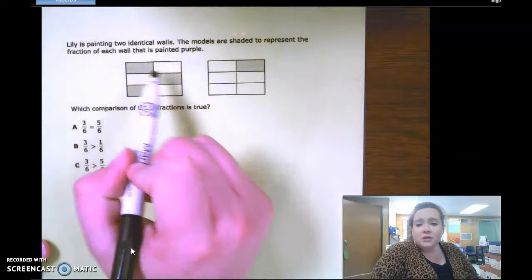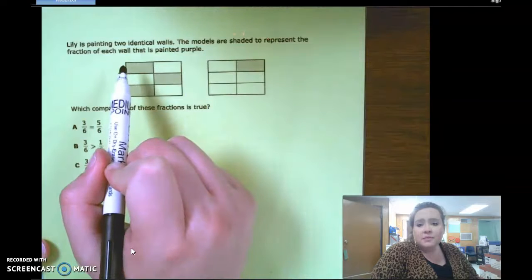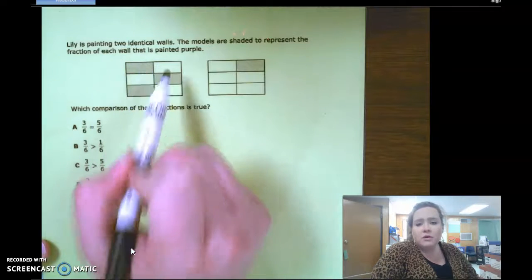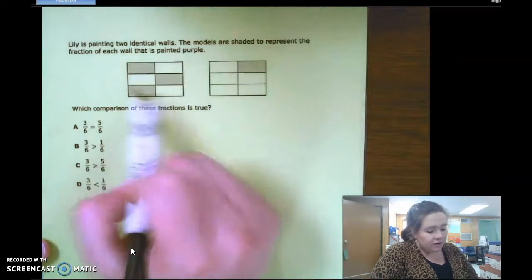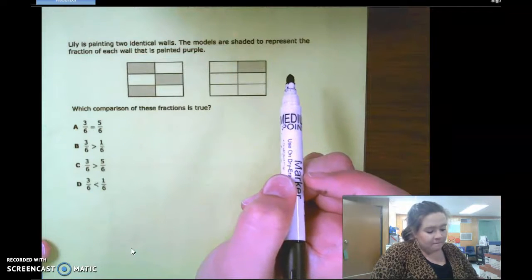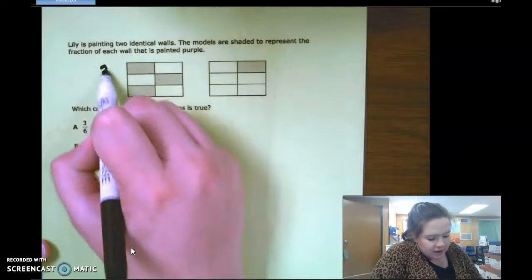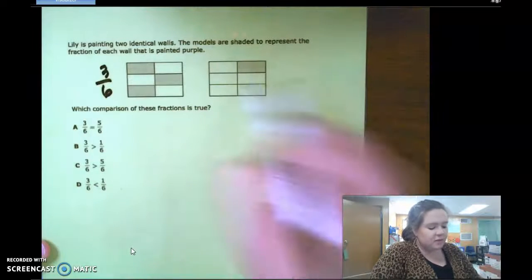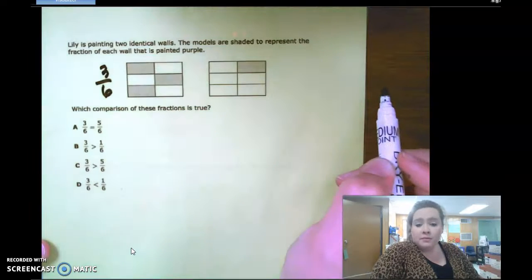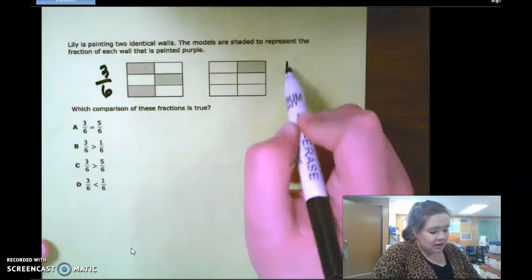Lily is painting 2 identical walls. The models are shaded to represent the fraction of each wall that is painted purple. Okay, well, what fraction is being represented here? Good. 3/6. What fraction is being represented here? 1/6.